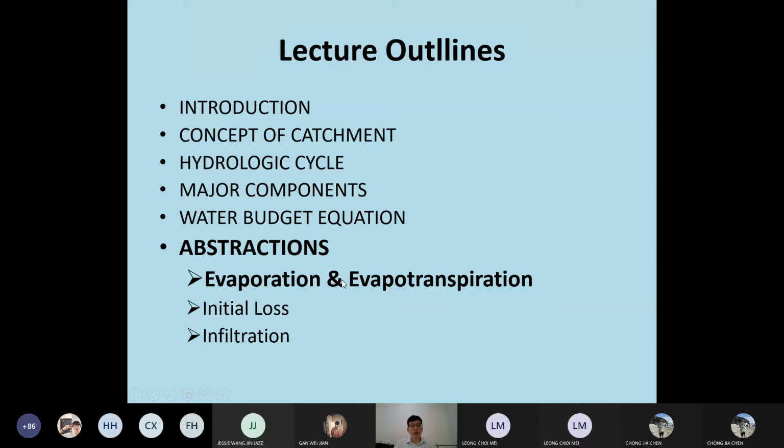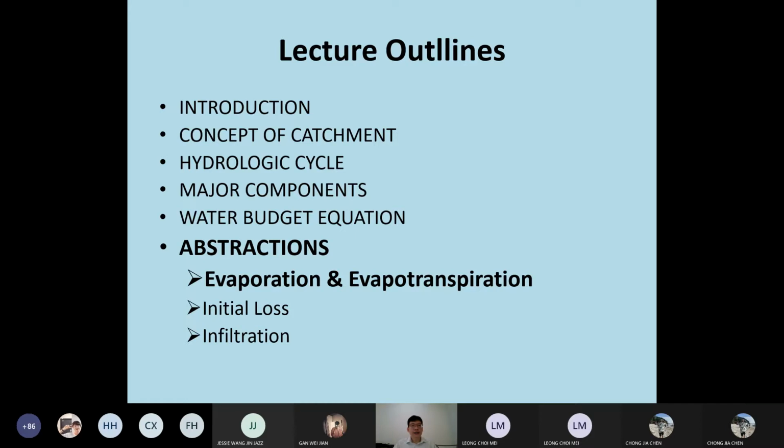Sometimes we combine all the different kinds of evaporation, including evaporation from the surface, from the oceans or lakes, and transpiration from the trees. We call it evapotranspiration, or sometimes just evaporation. That's one of the losses.